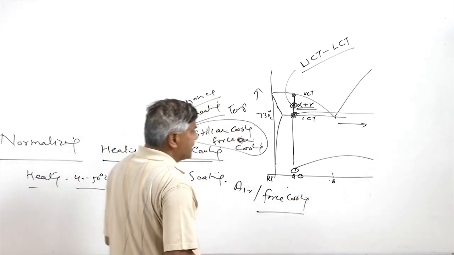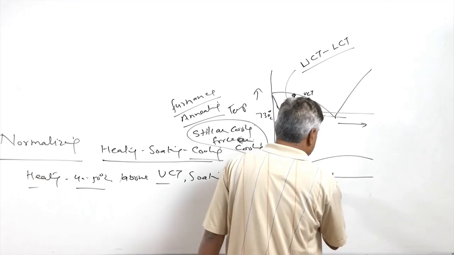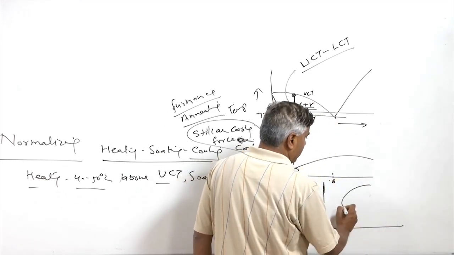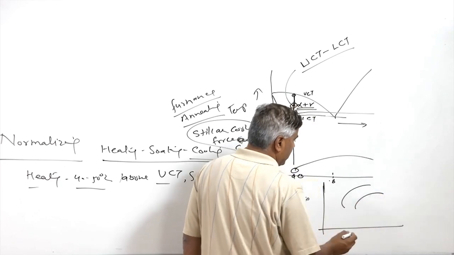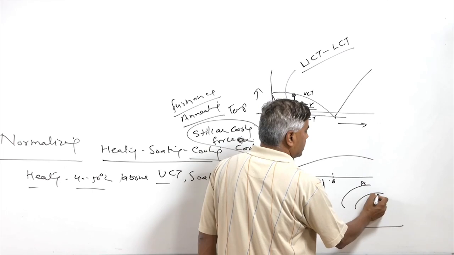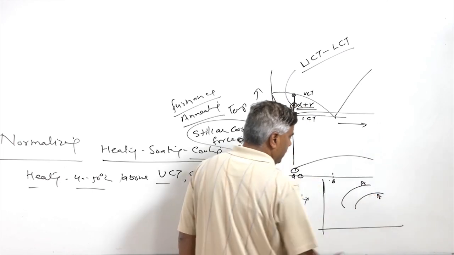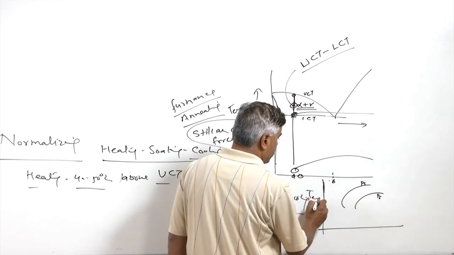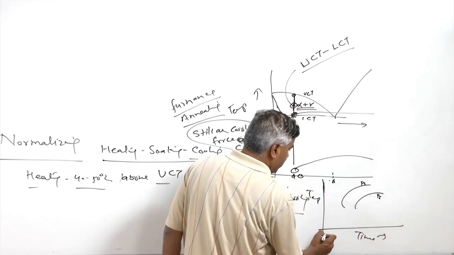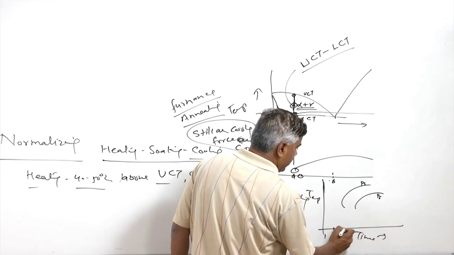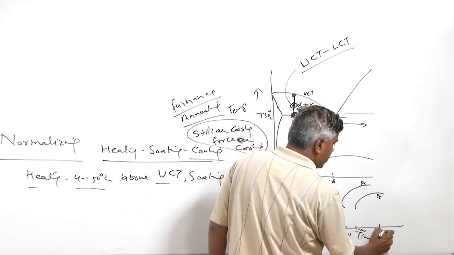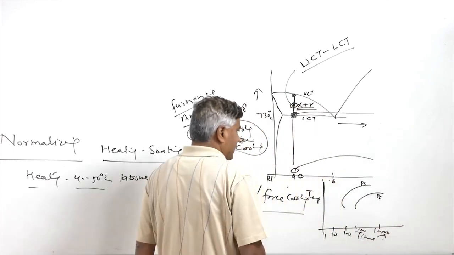And if we see the same thing in light of the TTT diagram or CCT diagram, then for the different steels, say this is the pearlite start transformation line and this is the pearlite finish transformation line, and here we have temperature, here we have time in seconds, starting from say 1, 10, 100, 1000, 10,000 seconds.